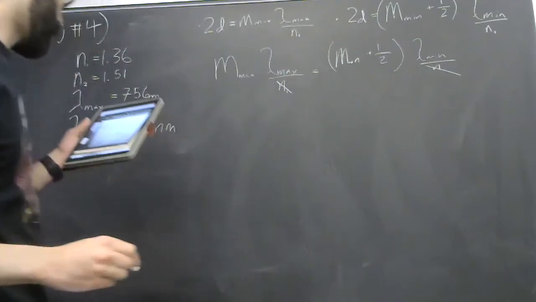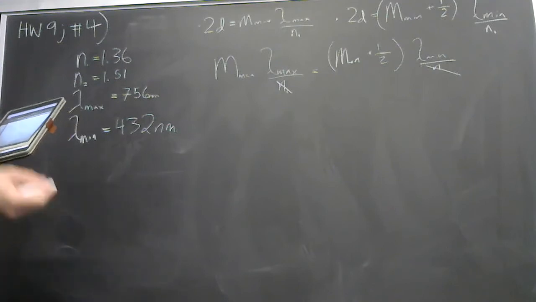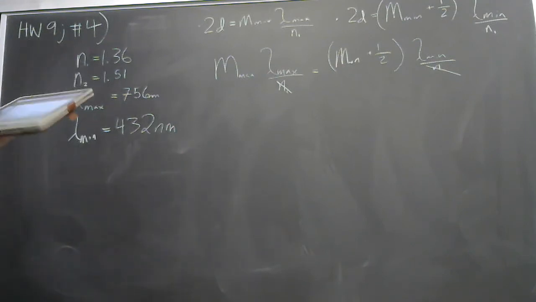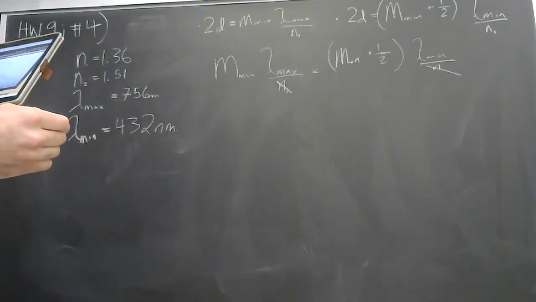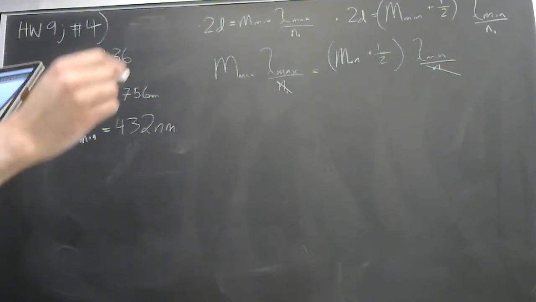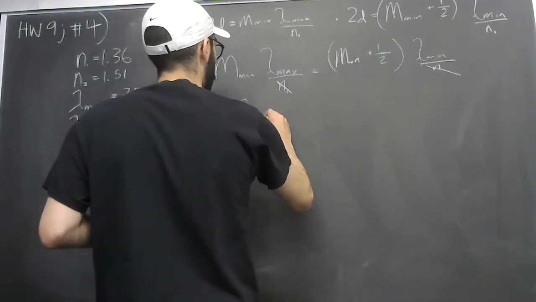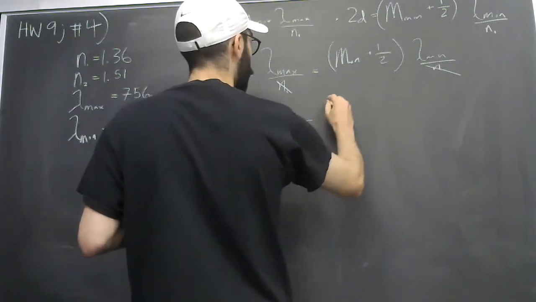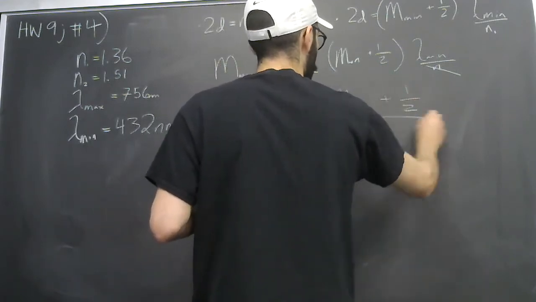What we want is the maximum and minimum orders on one side, and all our values that we can plug in on the other. I'm going to do that by first dividing both sides by m max, and then dividing by lambda min. So basically, I'm going to have lambda max divided by lambda min is equal to m min plus 1/2 over m max.